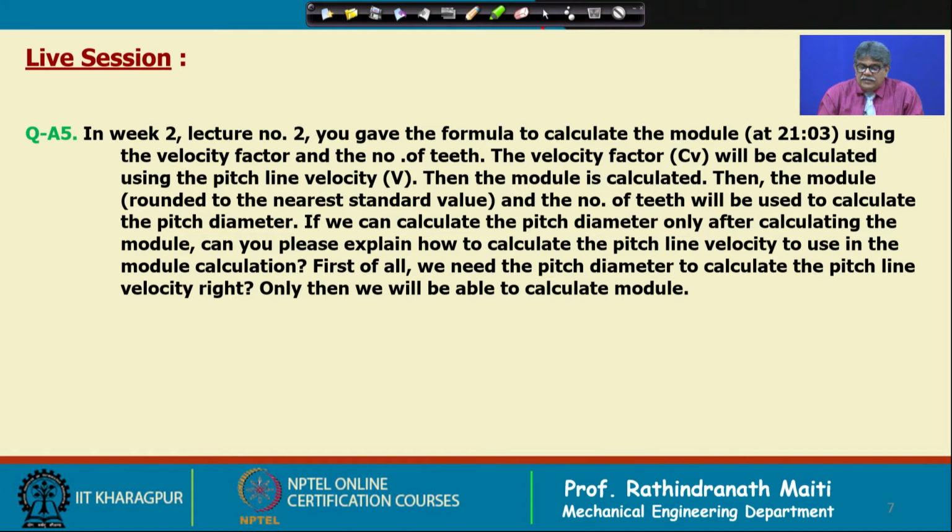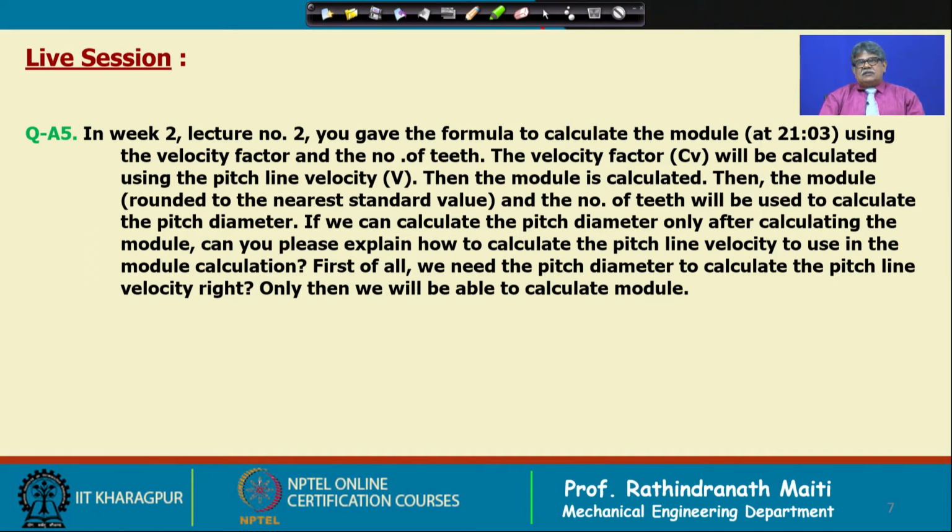First of all, we need the pitch diameter to calculate the pitch line velocity, right. Only then we will be able to calculate the module. So, while delivering the lecture, at some point I have definitely clarified that you cannot get all the data, you have to assess, because this is design, you have to take your own decision.